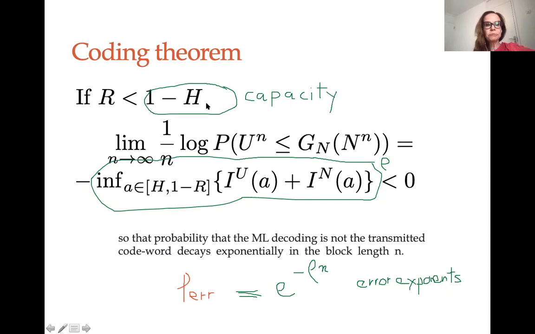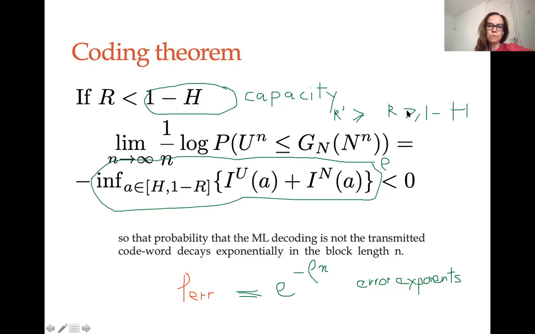And you can also find success exponents, which means that if the rate is greater than or equal to 1 minus h and lower than some other quantity, which I'm not going to explore here, but again, if you're interested, I urge you to look at the reference. Let's call it R prime for the time being.